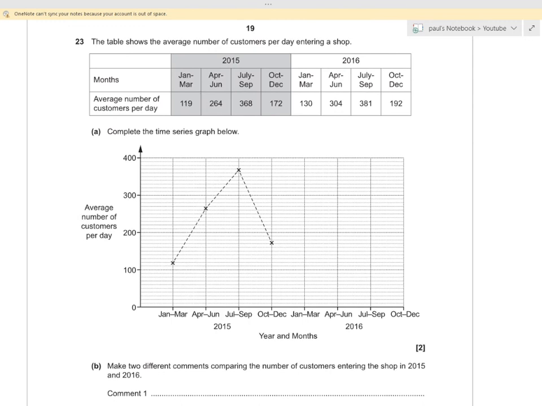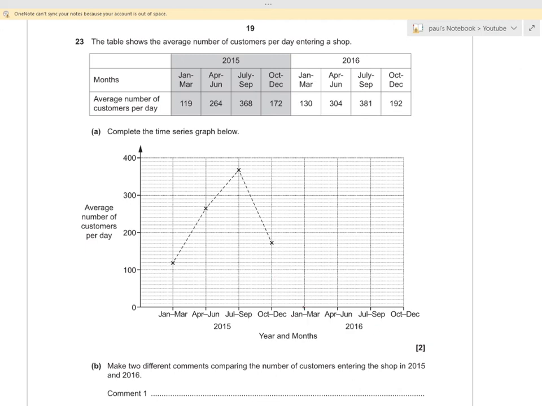Another question. The table shows the average number of customers per day entering the shop. Make two different comments comparing the number of customers entering the shop in 2015 and 2016. Well, let's plot 2016.